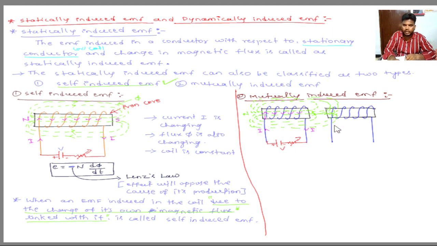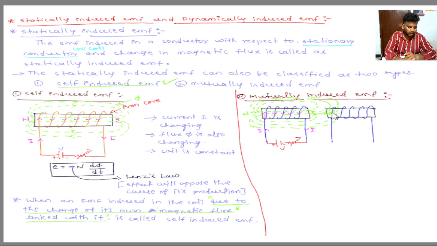Observe clearly, I am considering the second coil nearer to the first coil. Therefore, the change in flux in the first coil is also linked to the second coil, so in the second coil also EMF is induced.